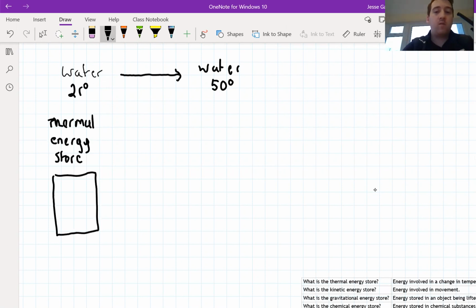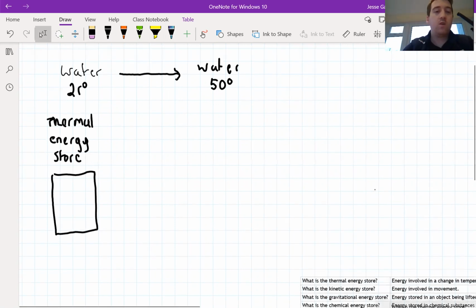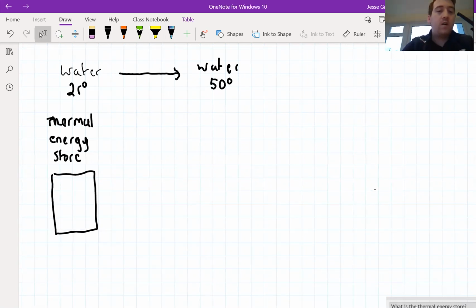So in the beginning, we say that the water was at 21 degrees. We can represent this little box as showing how much energy was in the water. So we say the thermal energy store of the water had some energy in it when it was at 21 degrees. It's not empty because it's still got some energy.